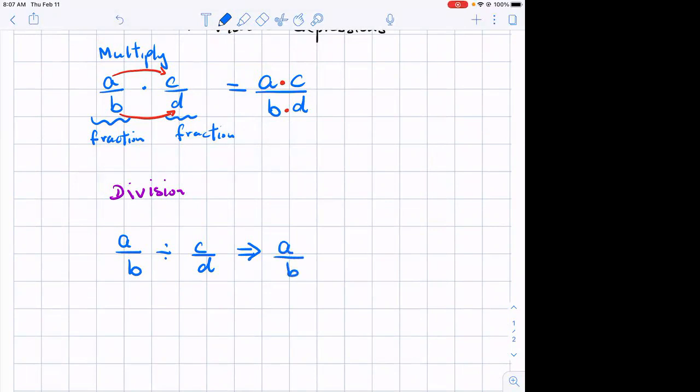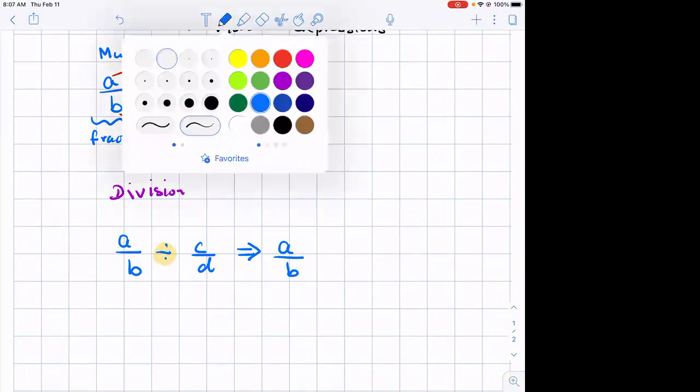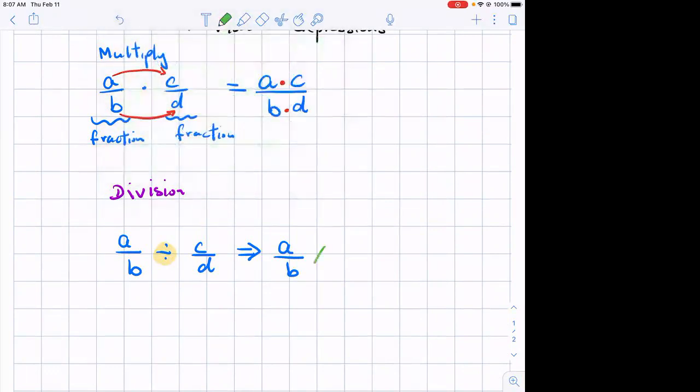The division sign has to be converted to a multiplication sign. But when you do that, the fraction to the right of the division sign flips.